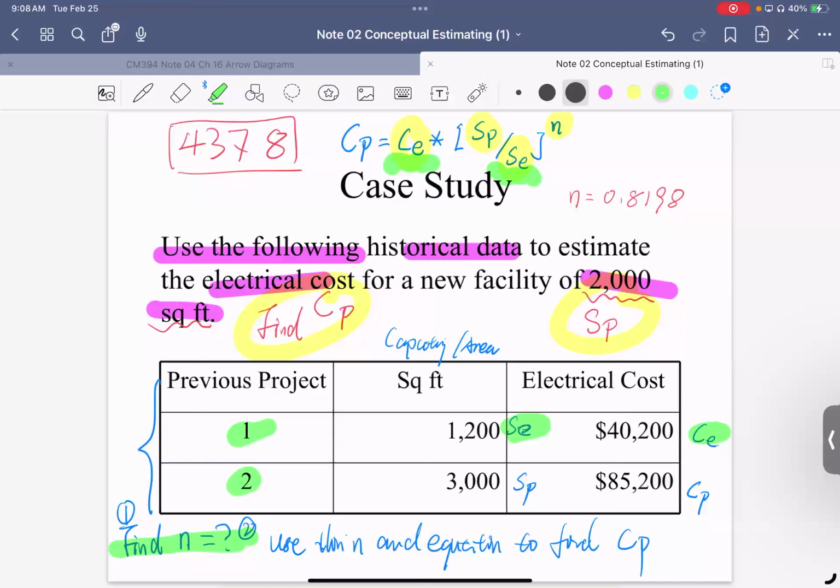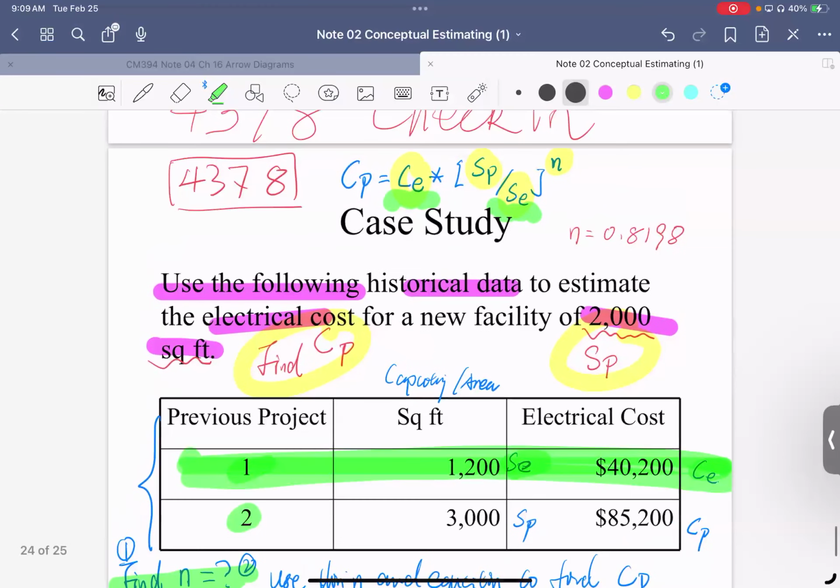So we still compare to the same one. Does that make sense? We always compare to the same one. So we used the previous project 1 to find the n, and at the same time, we are using project 1 again to find our proposed cost for those 2,000 square feet, right? So this still is your SE and CE, right?